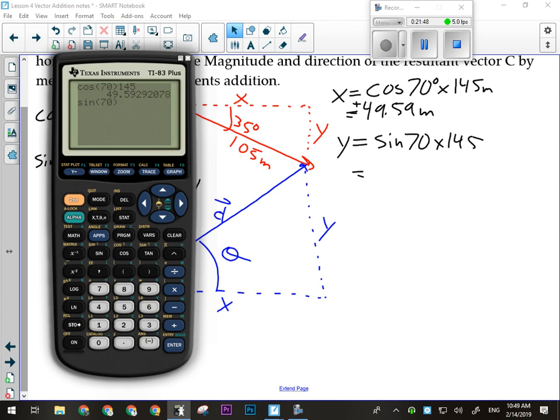Should this side be longer or shorter? Longer. Yeah, 70-degree angle, opposite side's going to be bigger, right? And if we look at our triangle, it says that too. Okay, so this is 136.25, I'll say 255 here.